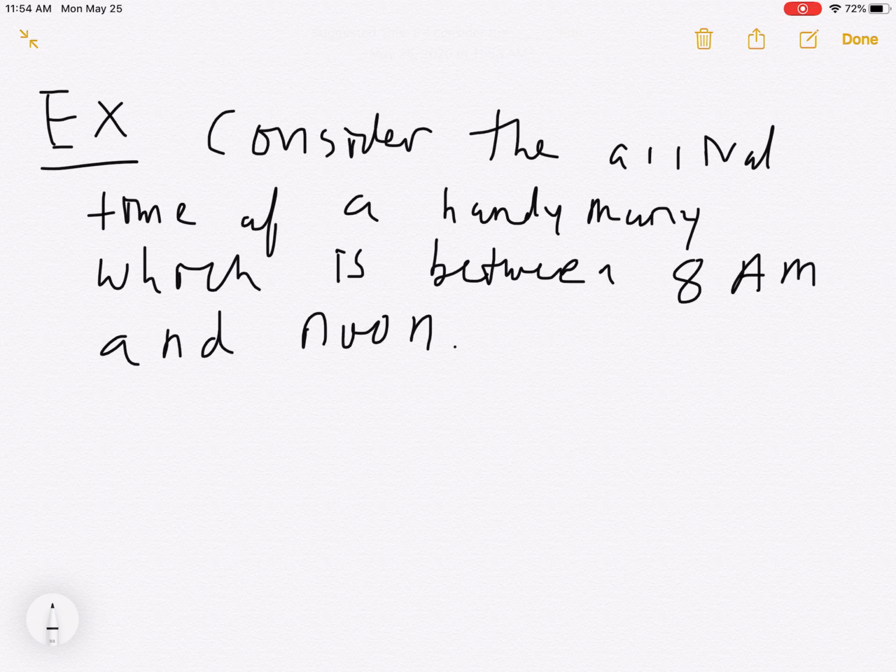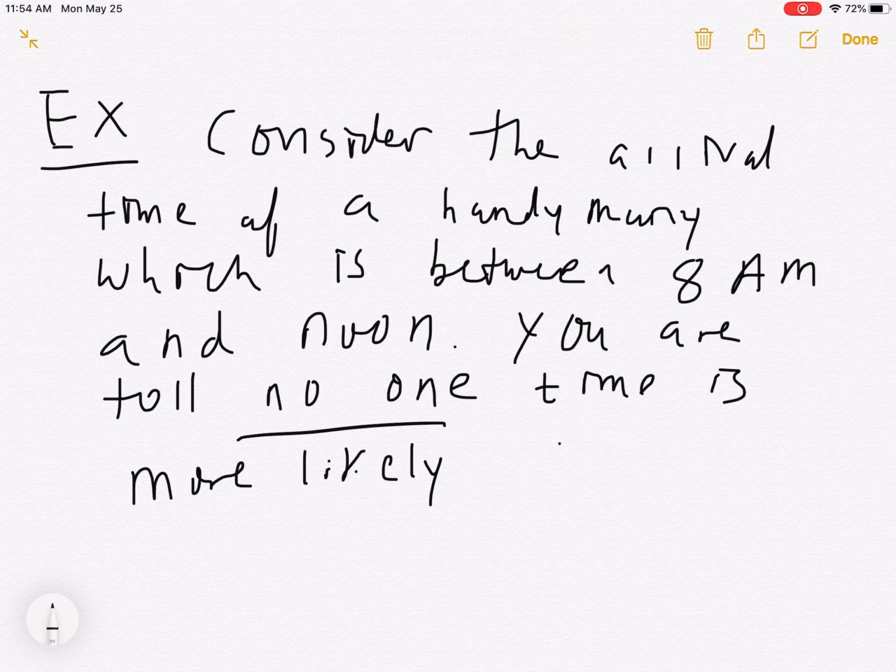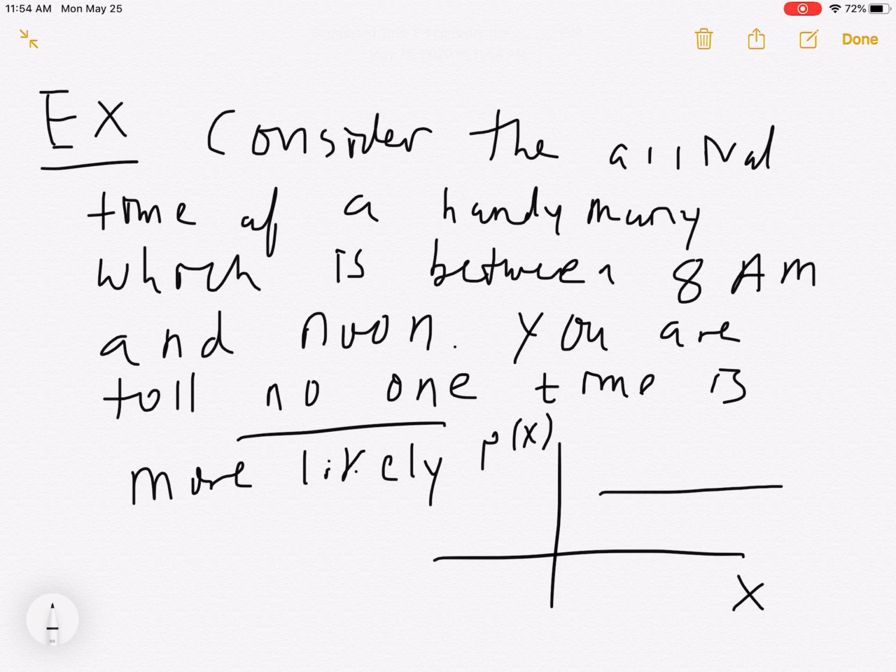Okay. And you're told no one time is more likely. So that is, if I made a histogram of x, which is the arrival time, and p of x, it should look like that.